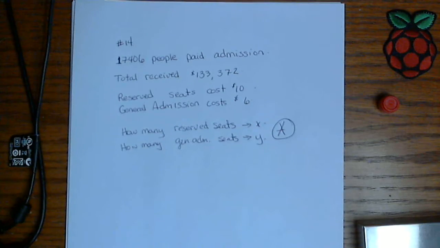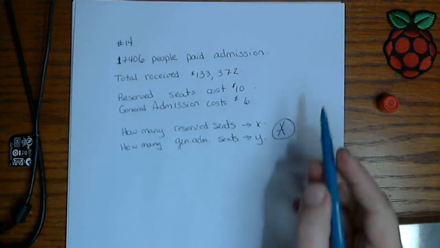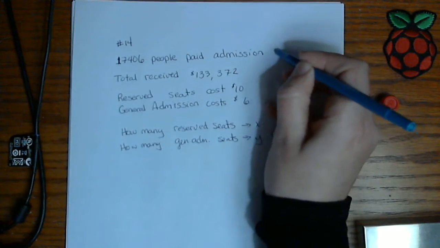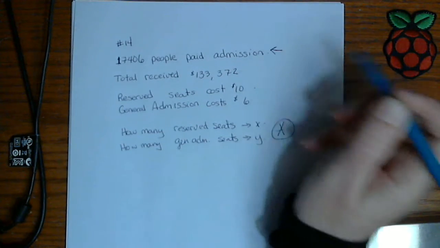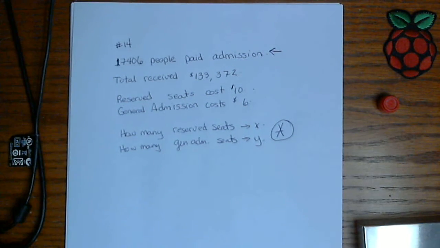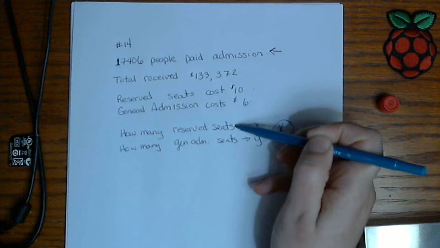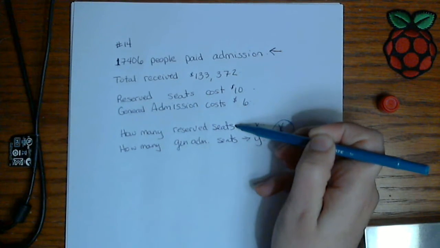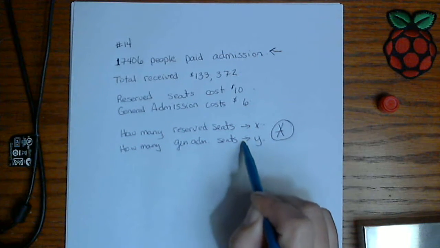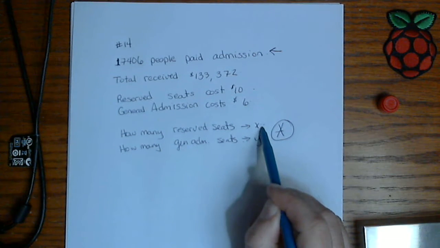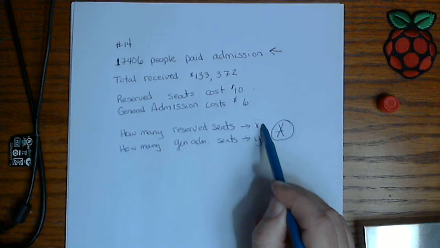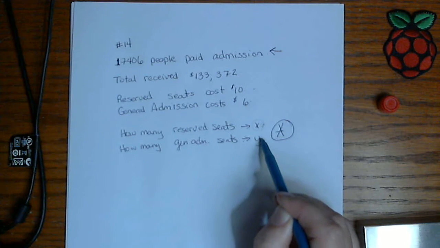Well, let's kind of break it up. Let's see if we can use, first of all, this top bit of information. We know there were 17,406 people who paid admission. Those people had to come from two different categories, and those two categories are going to be the number of people who bought reserved seats and the number of people who bought general admission seats. We don't know how many bought reserved seats, so that number is X, and we don't know how many bought general admission.